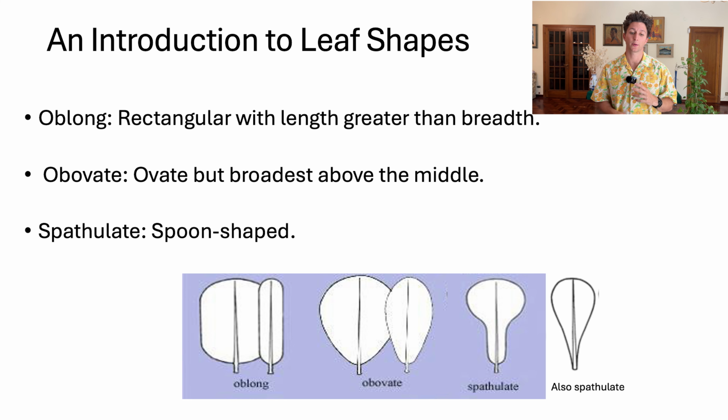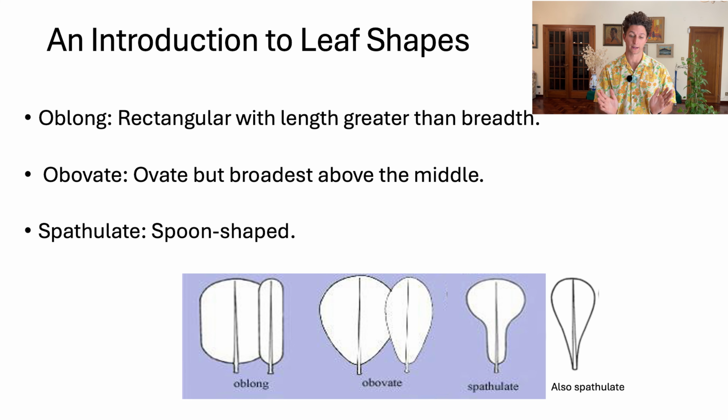The key difference here between obovate and spathulate is the way that the broadness works. Spathulate are much broader at the top, more so than obovate, and generally speaking, obovate also have quite a broad base.